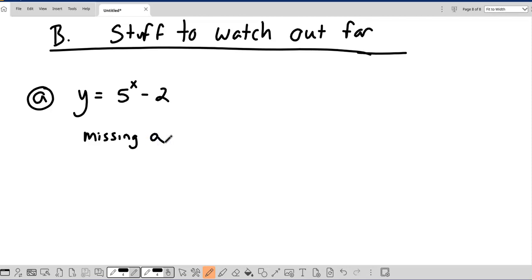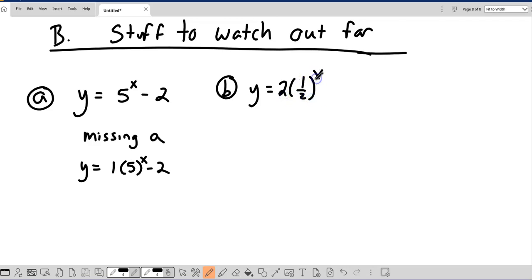If you're ever missing that number in front of the number with the power on it, it's going to be a 1, right? So nothing interesting there. But here's one for today's lesson that is a little bit different. What if we had something like this? How is this problem different from what we learned today?